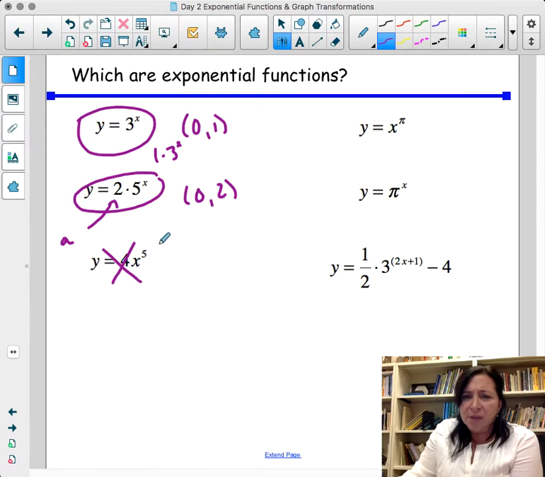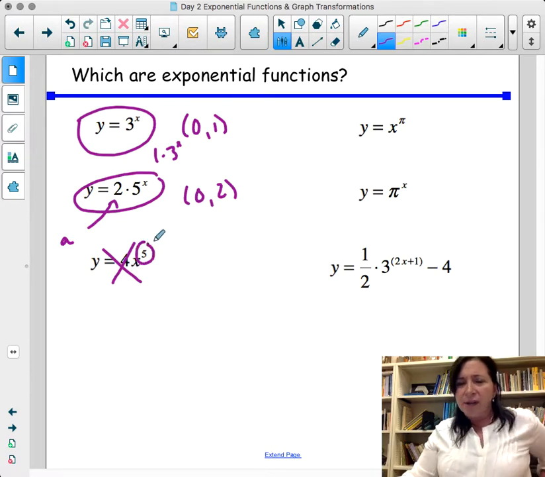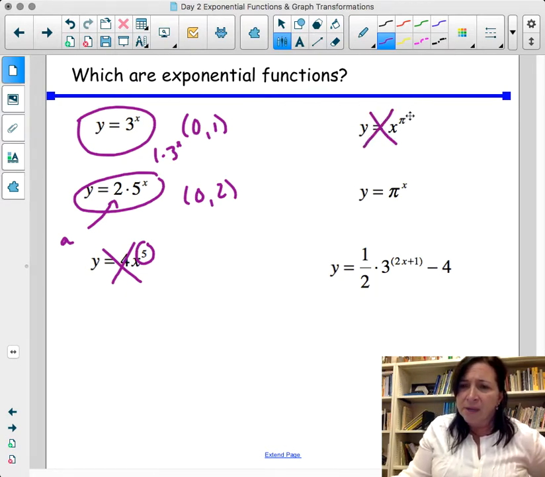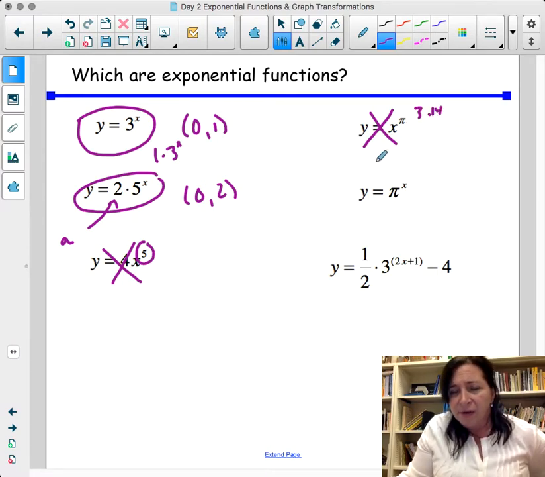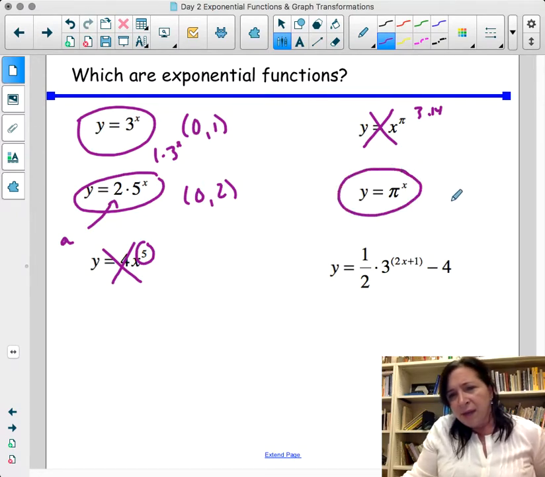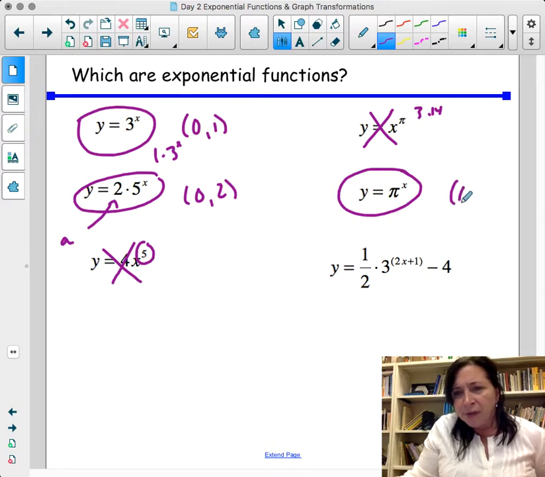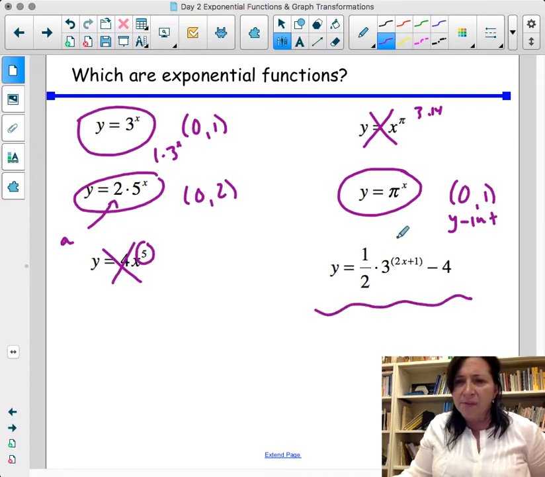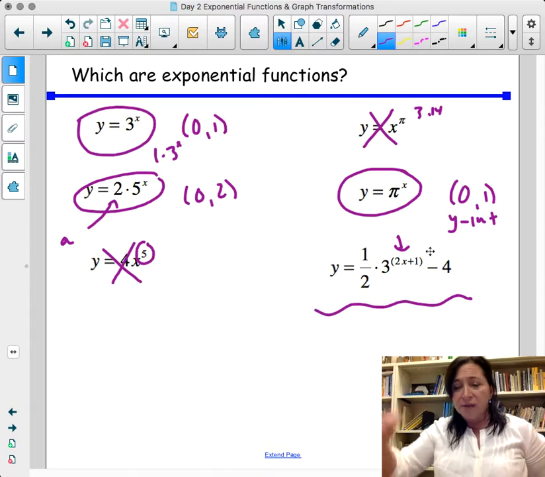Not exponential, because even though this has a power, it doesn't have a power that's a variable. So it has to be an x. This one, again, no, because pi is actually 3.14, etc., and that's not an x. That's still a number. This would be yes for exponential, and my y-intercept would be (0, 1). This is my y-intercept. And this one also would be exponential because my x is in my exponent. It is a power.